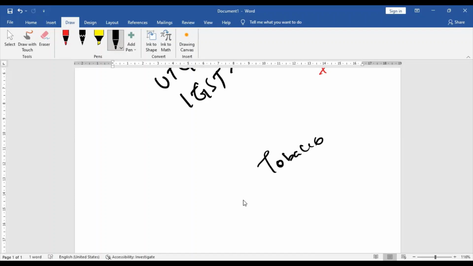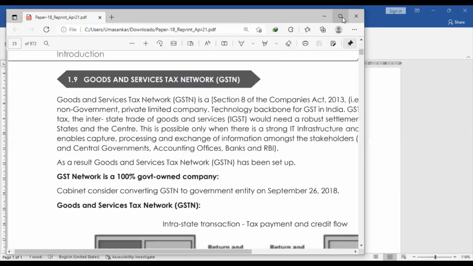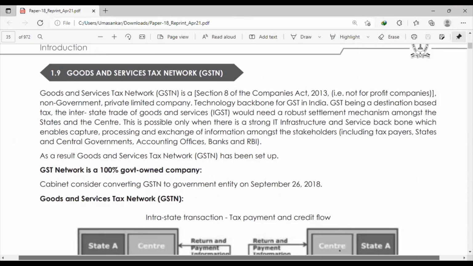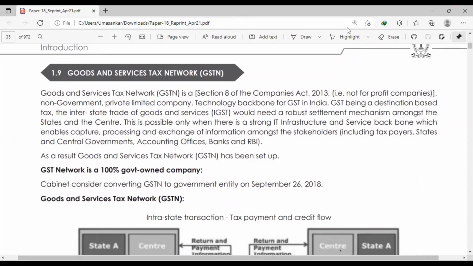Now we'll start today's topic. What is GSTN? GSTN is a network which facilitates the government and the registered supplier.